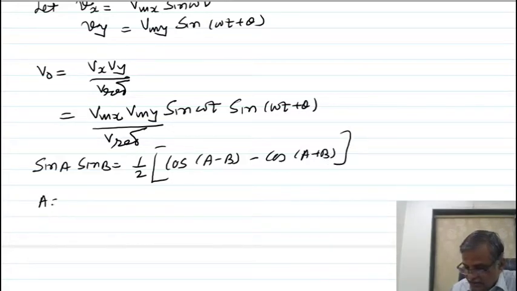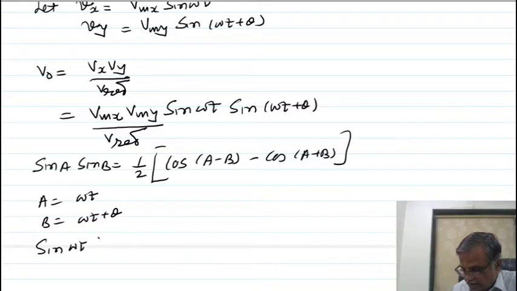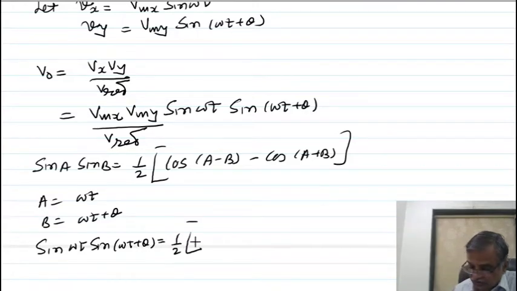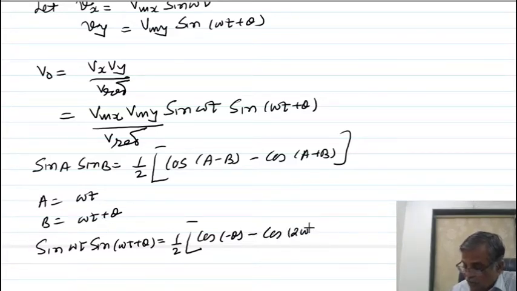If I take A equal to omega t and B equal to omega t plus theta, then the above equation can be written as 1 by 2. A minus B gives cos minus theta, minus cos A plus B, which is 2 omega t plus theta.